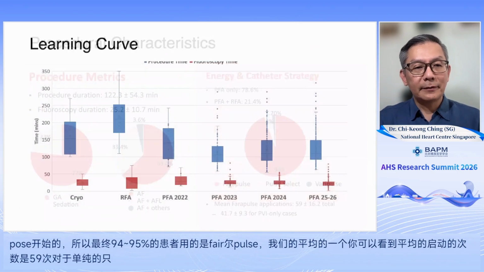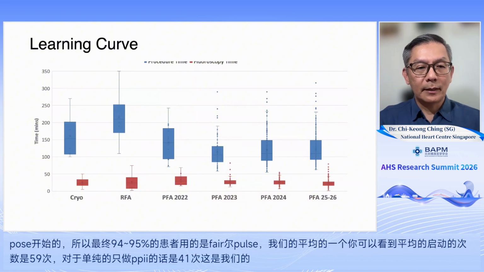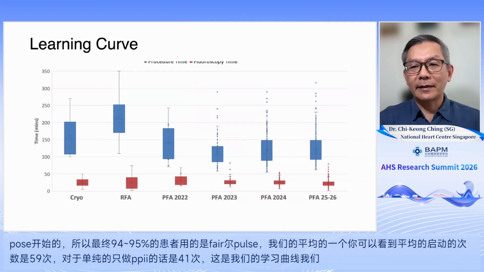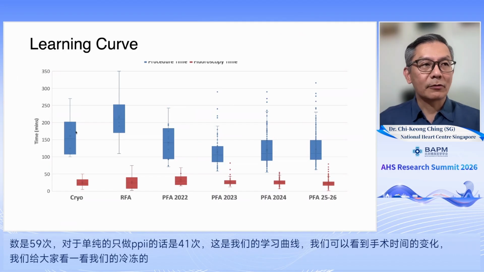Now, there is a learning curve. A learning curve can be described in procedural time and fluoro time as a surrogate marker of learning curve. I present to you our center's data of those who use cryo. This in blue will be the procedural time for cryo. In red will be the fluoro time for cryo.